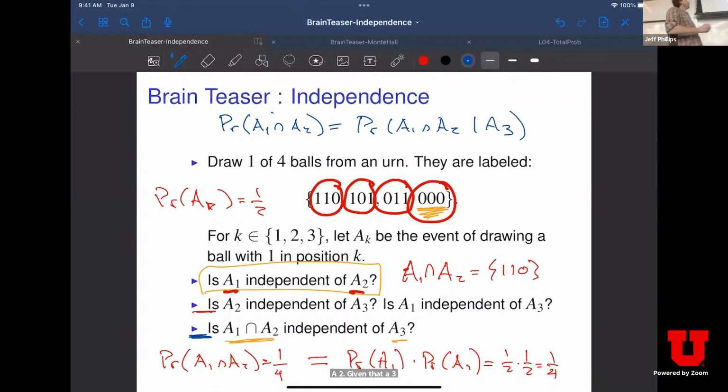They're going to be independent if that blue equation holds. So does this blue equation hold? We know that the probability of A1 and A2 is 1/4.